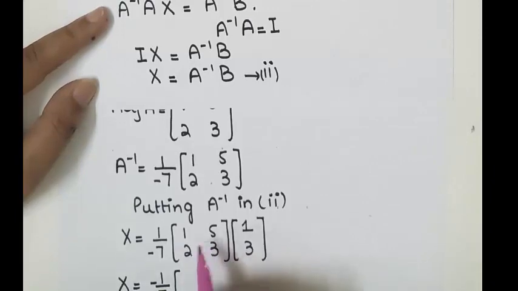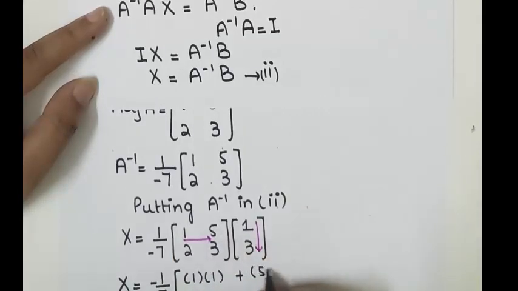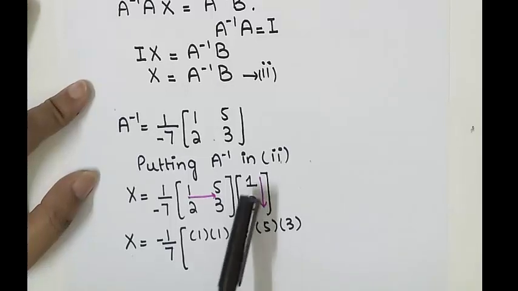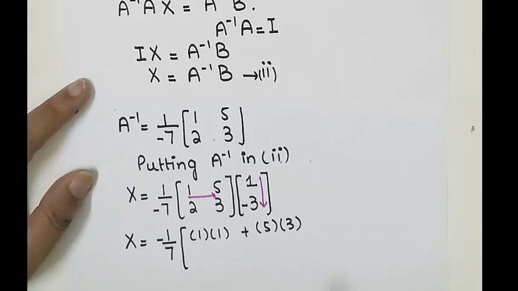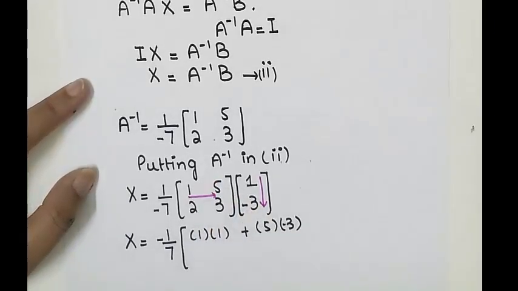Multiplying the first row with this column, we have 1 into 1 plus 5 into 3. Sorry, this is 1 and minus 3. I have changed 3 to minus 3 overall in the question, right? So here we have 5 and minus 3.